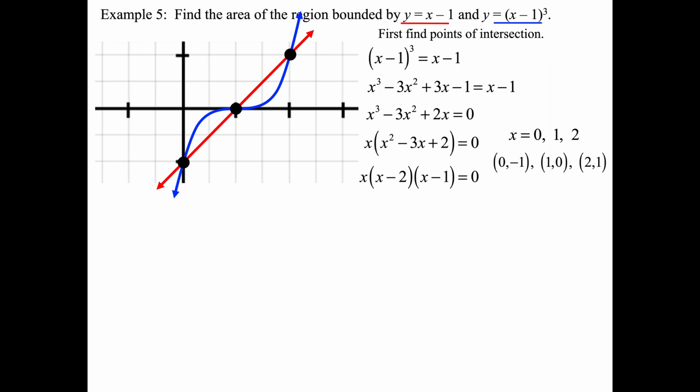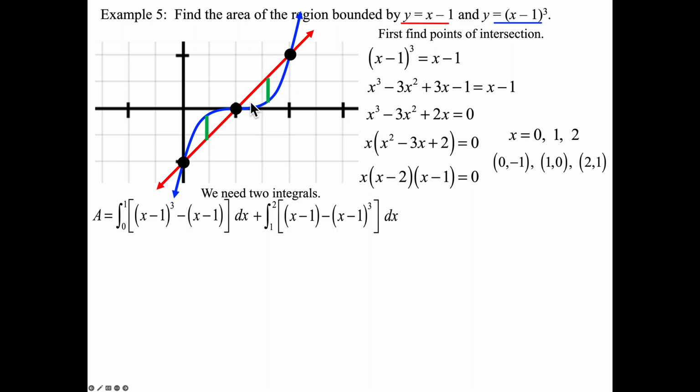because we have blue curve over red curve, then red over blue. So we have 2 different integrals to create. So we'll go (x minus 1) cubed over x minus 1, and then x minus 1 over (x minus 1) cubed.